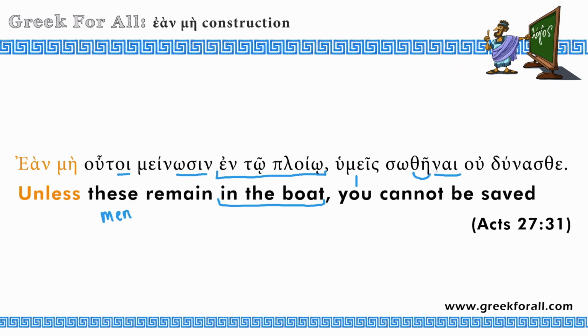So to be saved, and now we have a negative particle ou and dynasthe. So you, plural, you cannot, or you are not able to be saved. So this is how we get the second part, you cannot be saved. So let's review again. Unless these men remain in the boat, you cannot be saved.